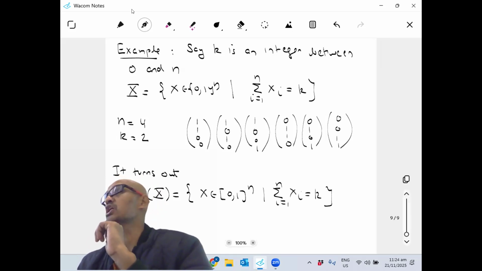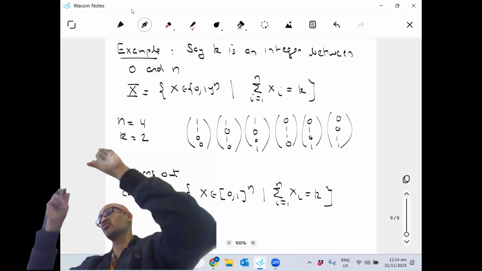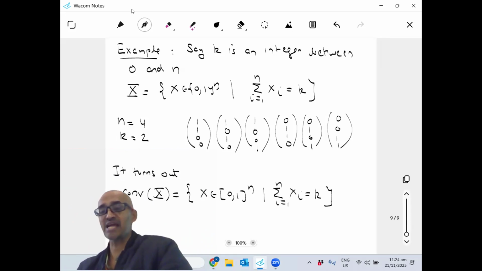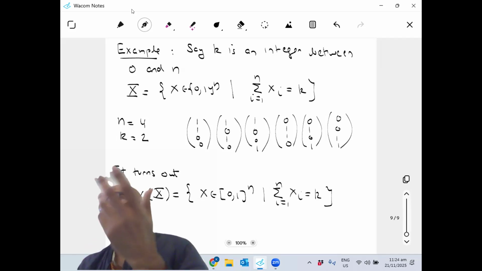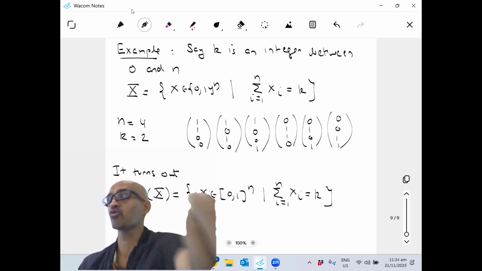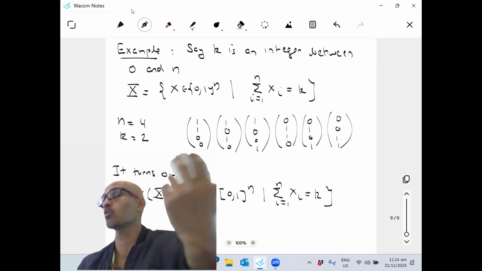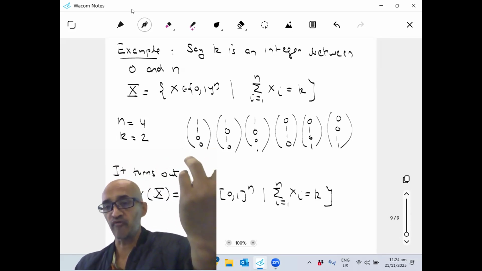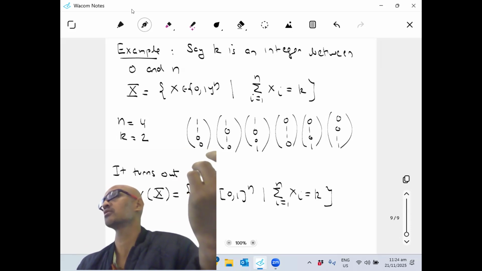This is exactly the LP relaxation of this set. Instead of x being either 0 or 1, I say x lies between 0 and 1, and the summation of x_i equals k. This is just linear constraints: non-negative variables, upper bounds of 1, and the variables add up to k. The convex hull of this set is exactly this set.